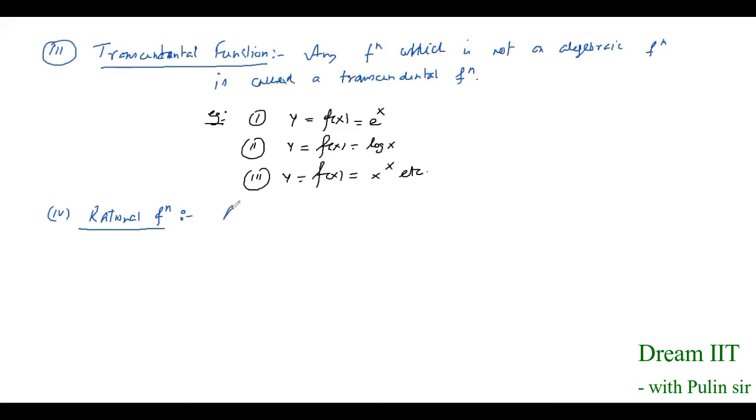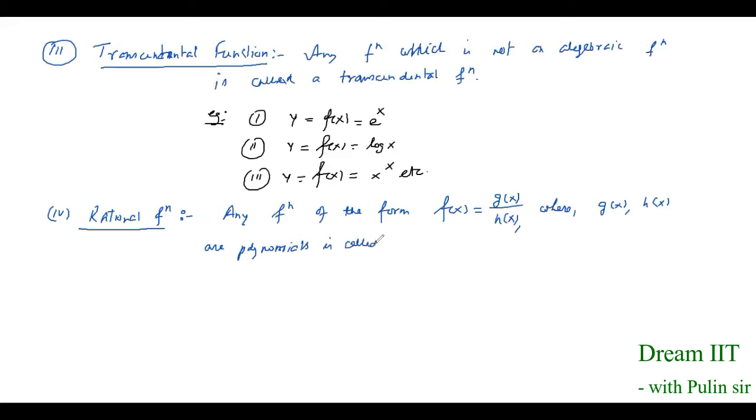What I write: any function of the form f(x) equal to g(x) by h(x), where g(x) and h(x) are polynomials, is called a rational function.